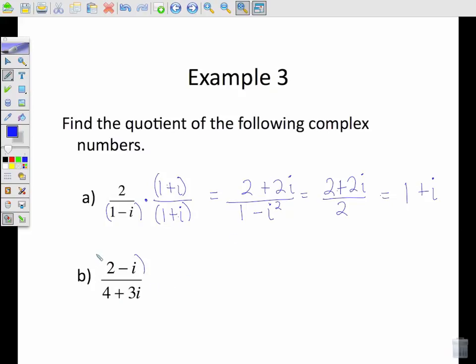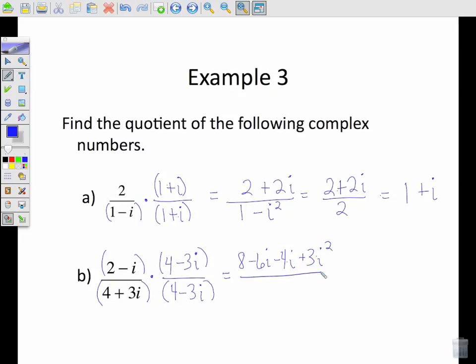You can never leave an expression that has an i in the denominator. On this second one, you're going to multiply by 4 minus 3i. That's the conjugate, and it allows us to cancel the i's in the bottom of our fraction. FOIL the top. You get 8 minus 6i minus 4i plus 3i squared over 4 times 4, 16. The middle terms cancel.